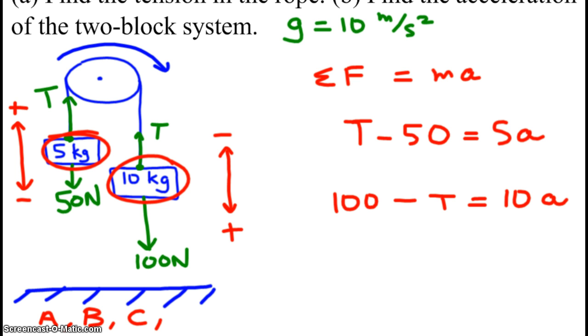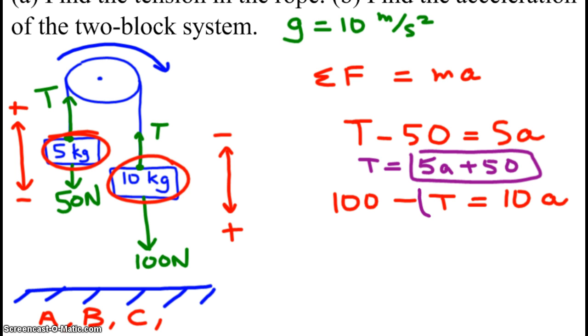What I will do is isolate T in the first equation, then plug it in here. That's my method. So T would be 5a plus 50. I can replace T in the second equation with this expression, 5a plus 50.